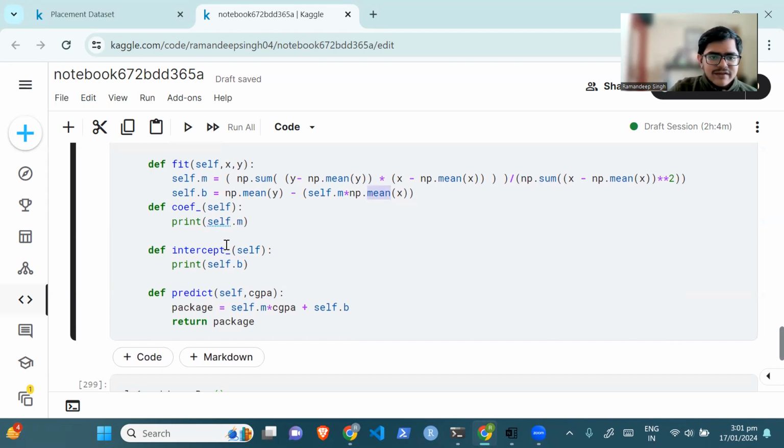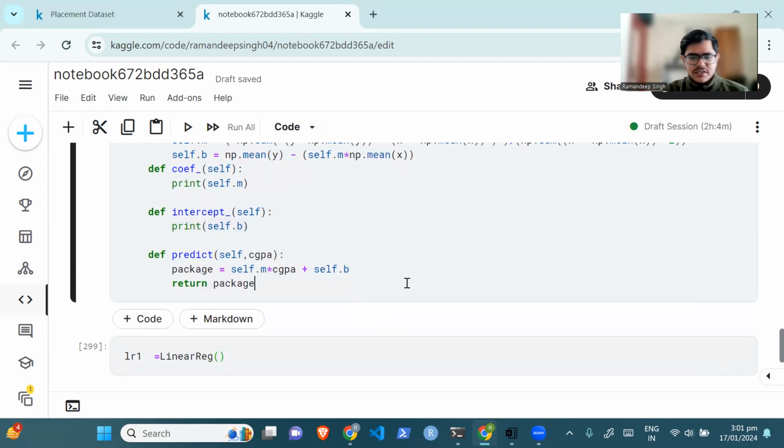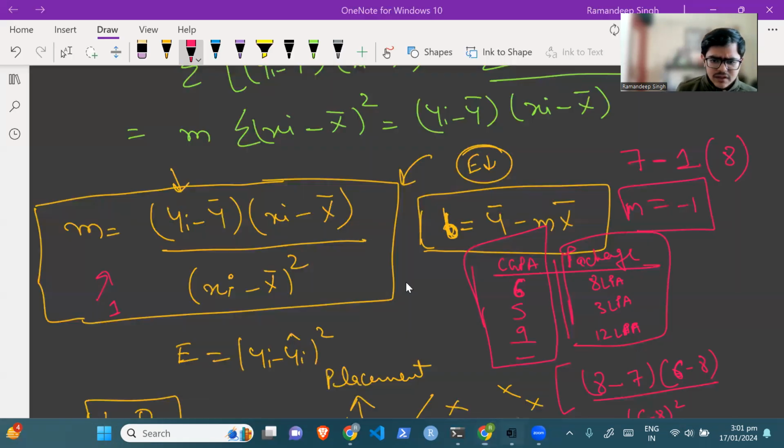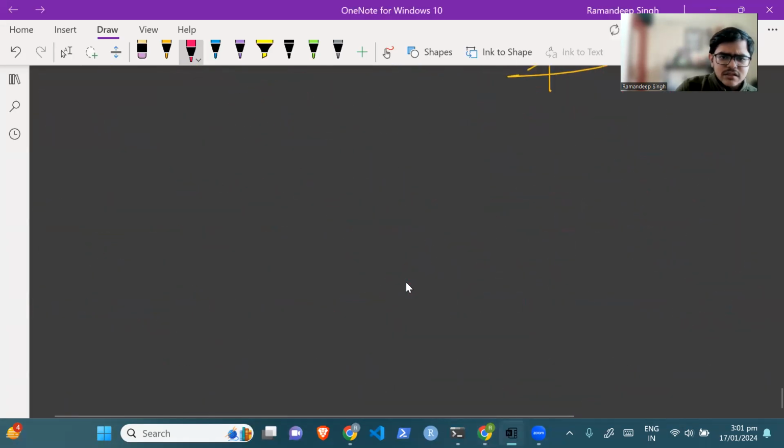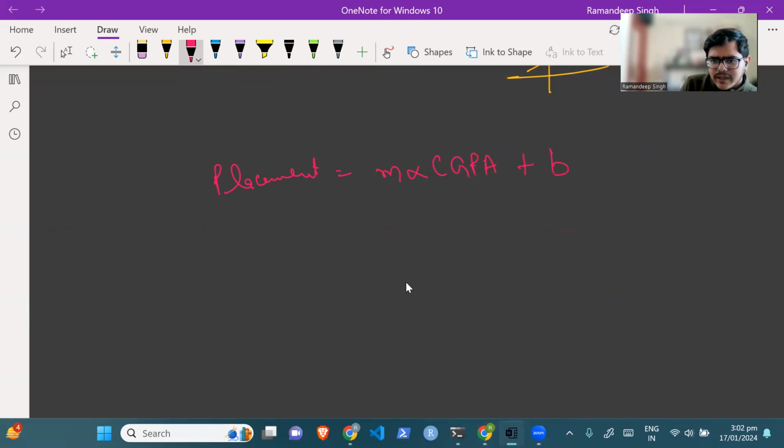After I have calculated my m and b, I can print my coefficient and I can print my intercept value. And for prediction, what I have done is placement equals m into CGPA plus my b.